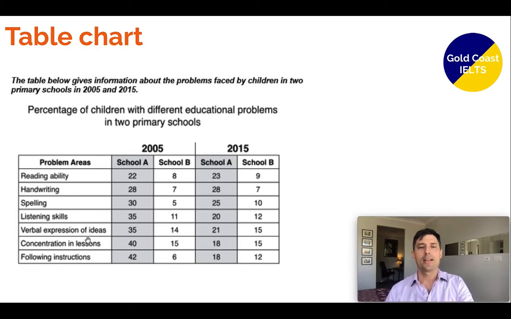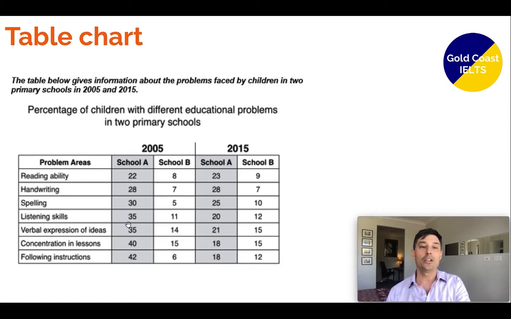Table chart. Let's look at this table chart. It does look very complicated, but if you look closely, you will see that there are only two schools, School A, School B. Again, School A, School B. So for our key trend sentence, we only want to compare those two things. So what's the difference?